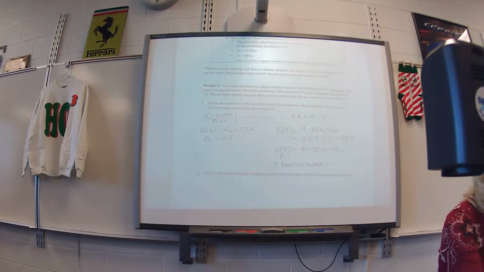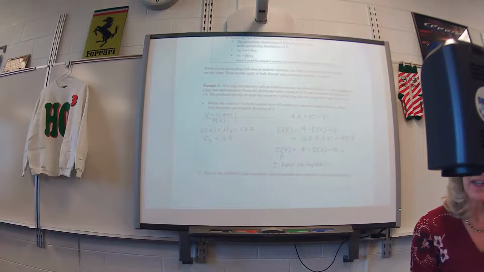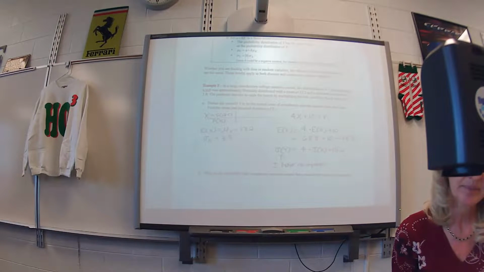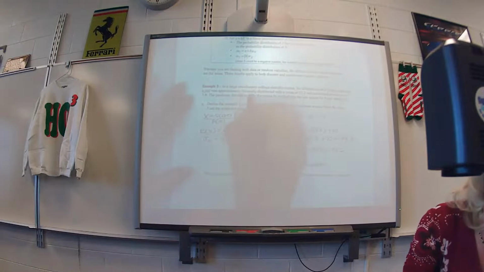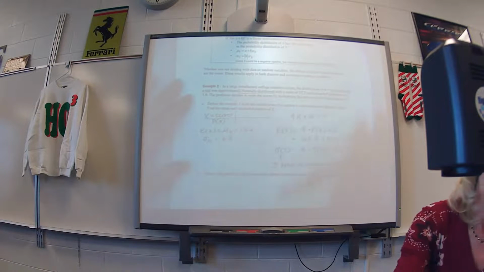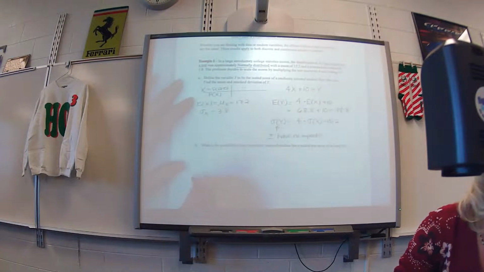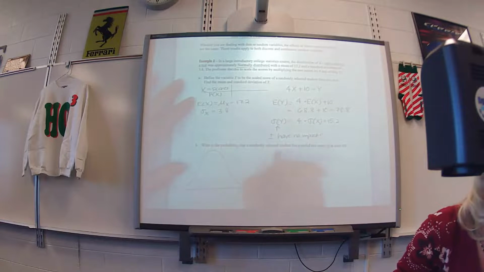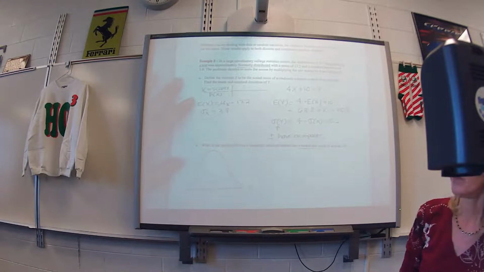So then it says, what is the probability that a randomly selected student has a scaled test score of at least 90? Well, it says we have a normal distribution, so I could draw a picture of this. And now we're talking about the scaled score, so this is now variable y.